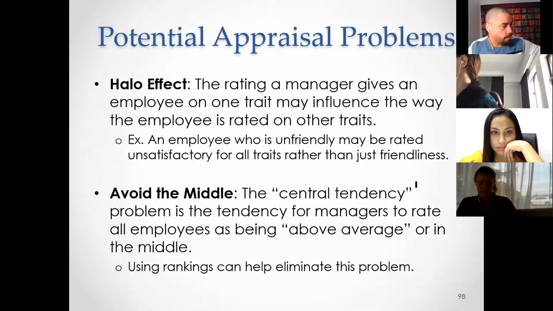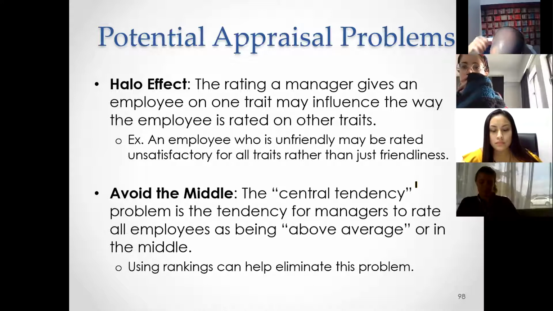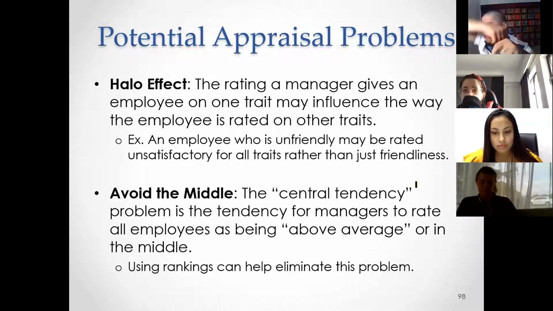For example, they're very rich or they're very beautiful. So if one man is extremely handsome, it might affect how they are rated on things that have nothing to do with looks. If someone is very handsome, they might be rated better for customer satisfaction or being on time or salesmanship or all kinds of different things.